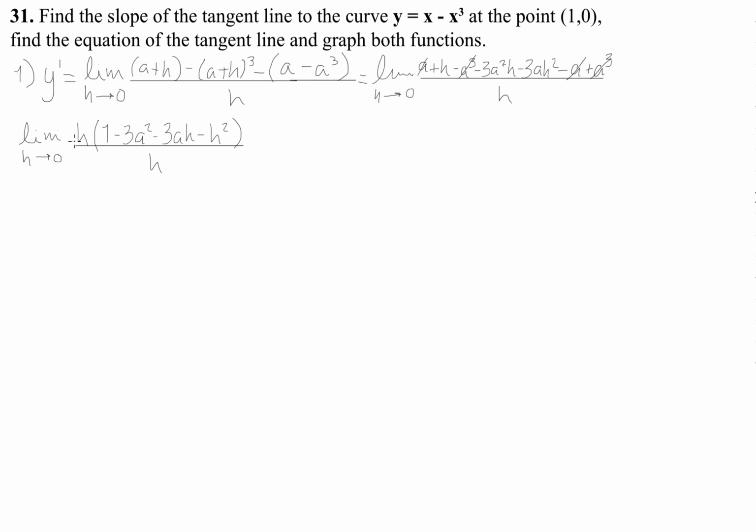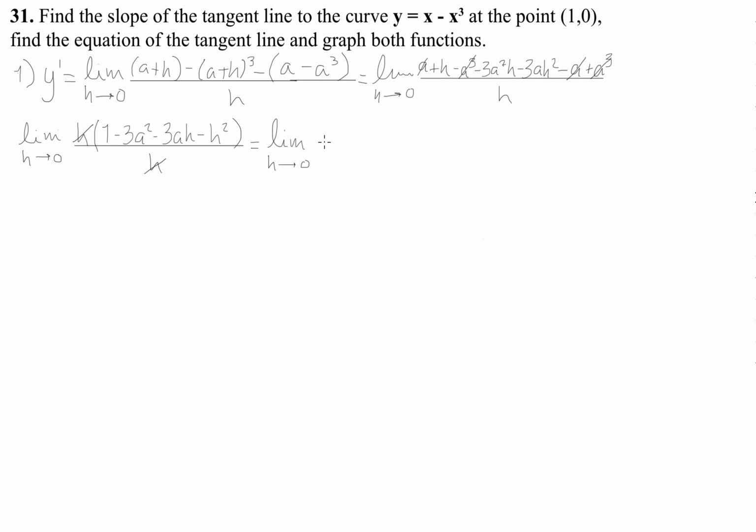So this is the most important part of this process, to cancel the h. If I'm not canceling out this h, that means that something is wrong. Let me draw that equal sign again. So I'm left with the limit when h is approaching 0 and the fraction is gone.